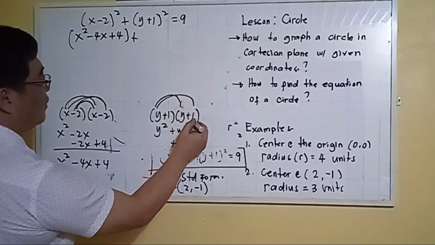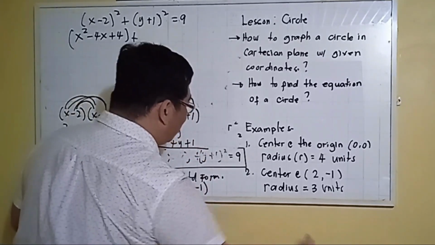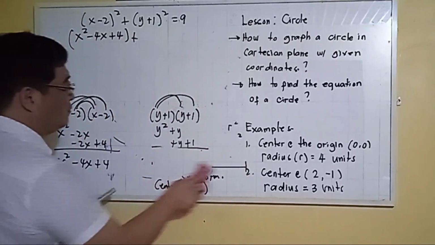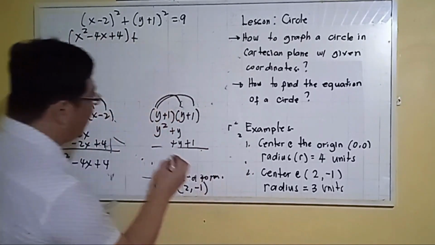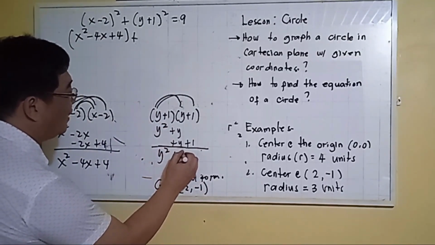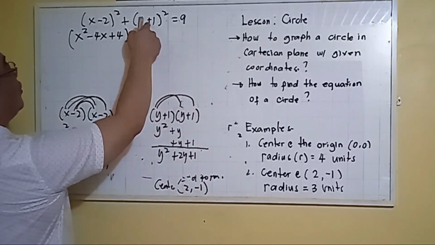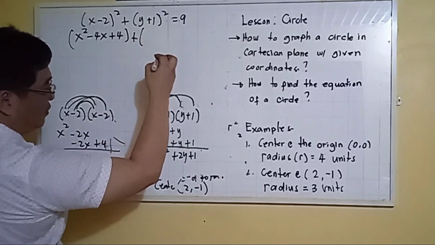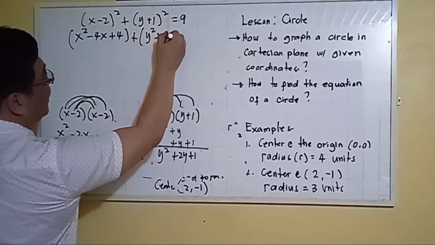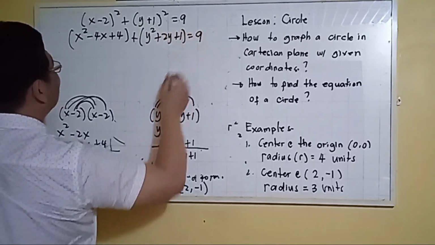And then, 1 times 1, plus 1. So, all you have is bring down y² plus 2y. Y plus y, 2y plus 1. Then, lipat na rito yung (y + 1)². To expand, y² + 2y + 1 = 9.